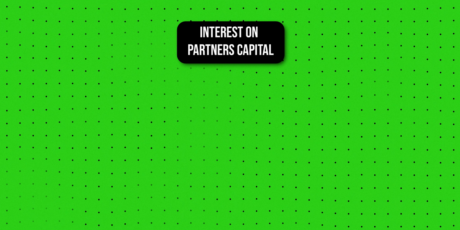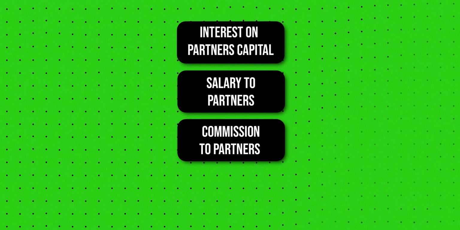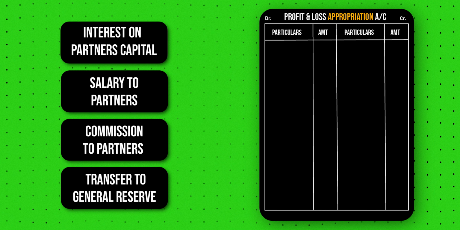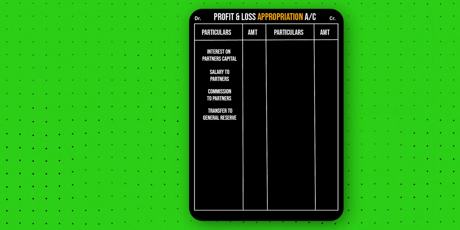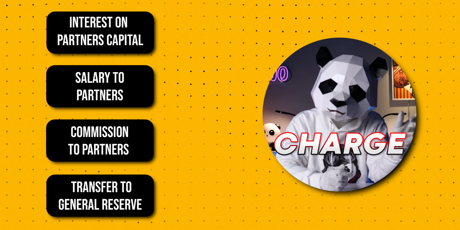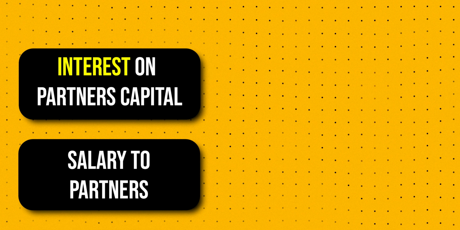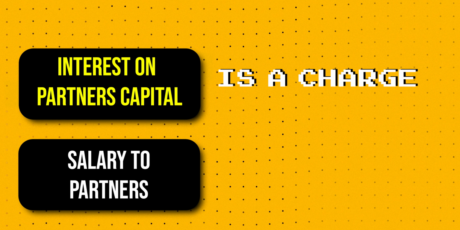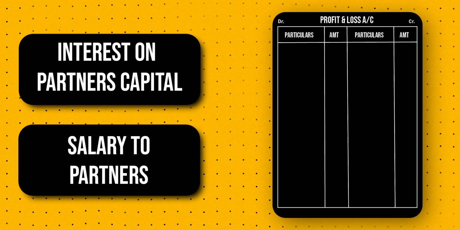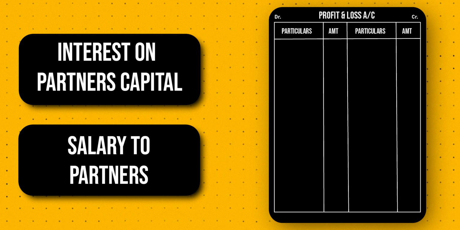Interest on capital, salary, commission, and transfer to general reserve should be recorded only in profit and loss appropriation account and nowhere else. But keep one thing in mind. In case any of these items are mentioned as a charge in the question, like interest on capital is a charge or salary is a charge, then obviously you must record it in profit and loss account.